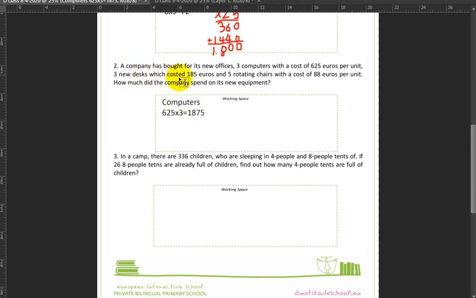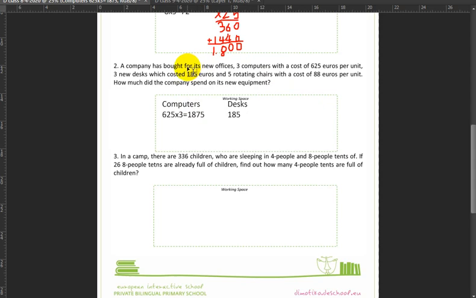But when it comes to the desks, we are being told that they cost 185 euros, not per unit, just 185 euros, which means basically that all the desks together cost 185 euros, and I don't need to do anything to figure out how much the desks cost, because the problem tells me they cost 185. So that was a little tricky. You needed to pay attention to the details in order to figure that one out.